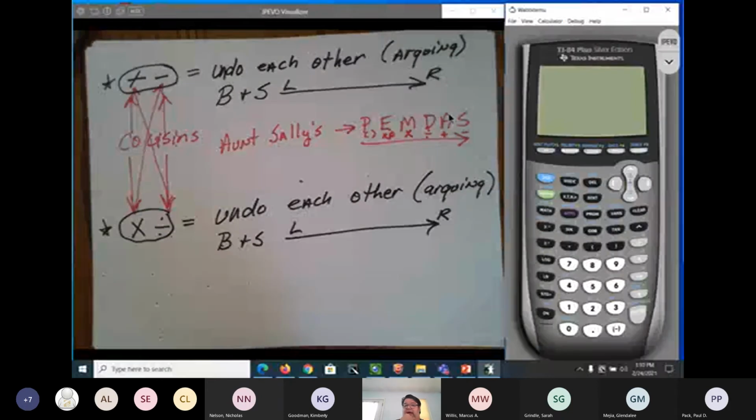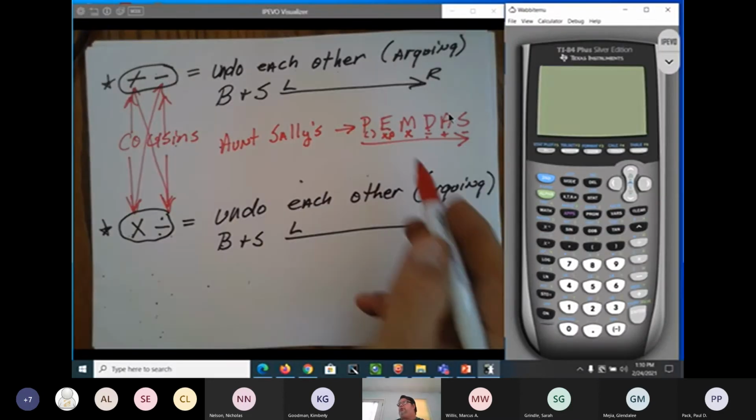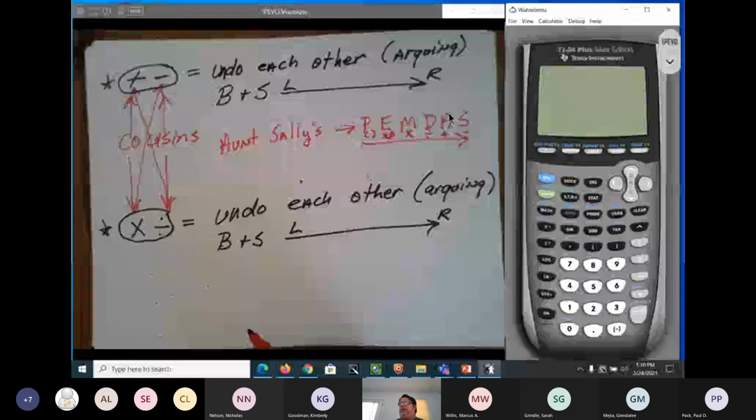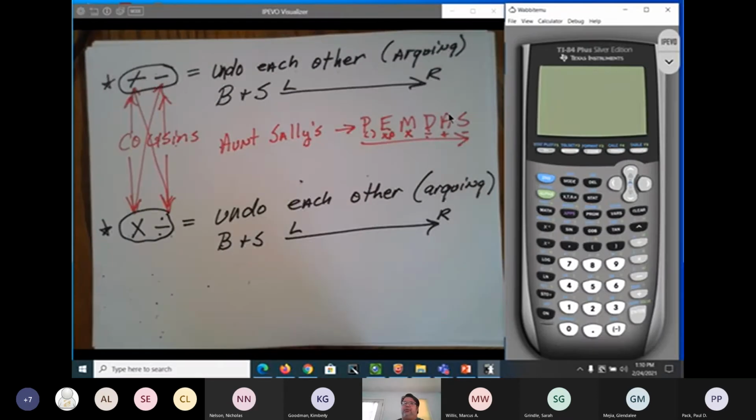Anyway, she liked picking on me with my accent, and whenever I said, go to Aunt Sally's house, and you do, please excuse my dear Aunt Sally, she would make it a point to say that she's never heard of this before, and she would go, oh, you mean PEMDAS. So if you want to call it PEMDAS, you can call it PEMDAS.